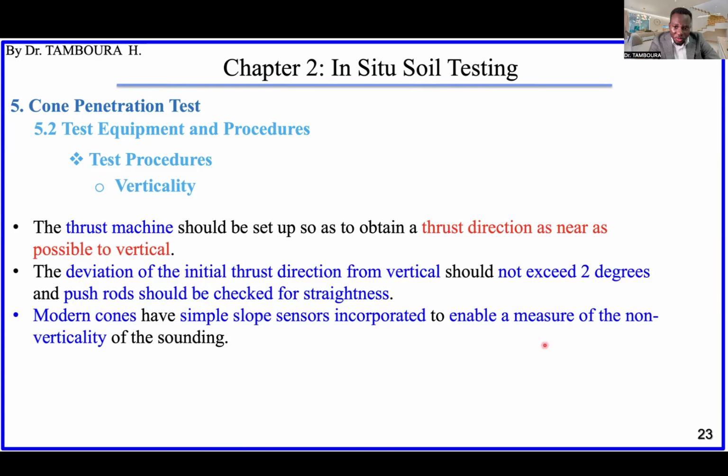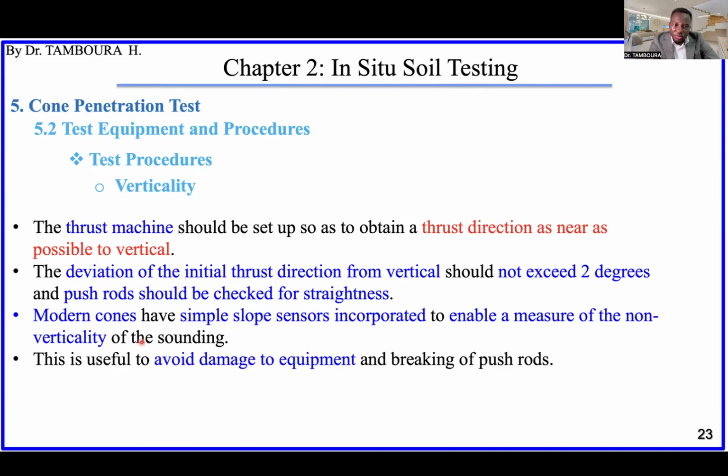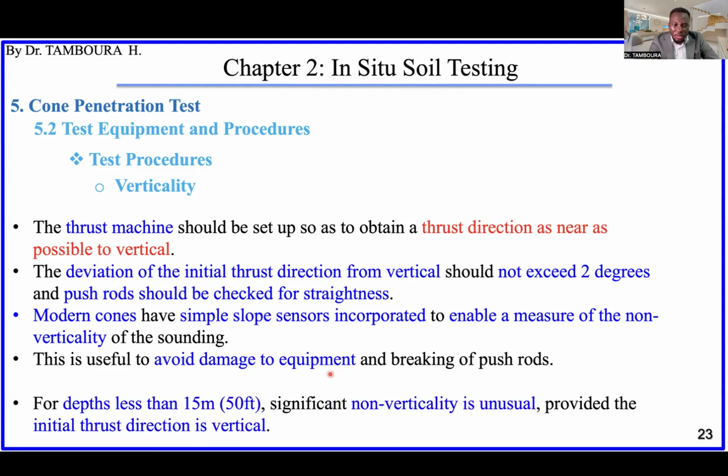Okay. So it allows us to measure the non-verticality of the sounding. This is useful to avoid damage of equipment and breaking of the pushing rod. For depths of less than 15 meters, significant non-verticality is unusual. It can be considered shallow, provided that the initial pushing direction is vertical.